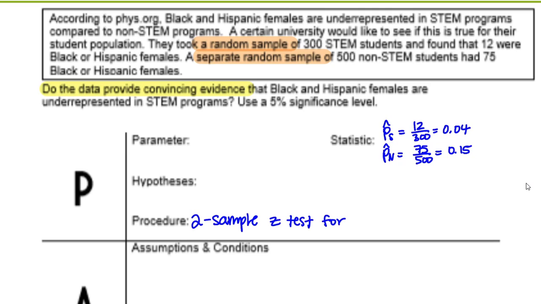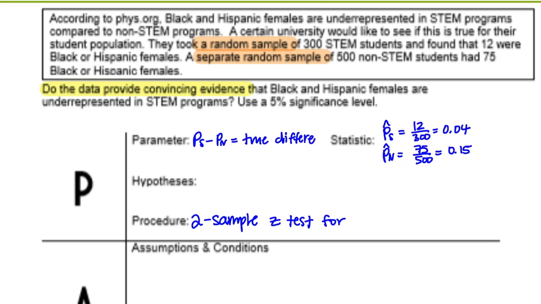So I can see here that there are 11% more Black and Hispanic students in the non-STEM programs than in the STEM programs, just by comparing 4% to 15%. And I actually subtracted. So I'm going to do p of STEM minus p of non-STEM equals the true difference.